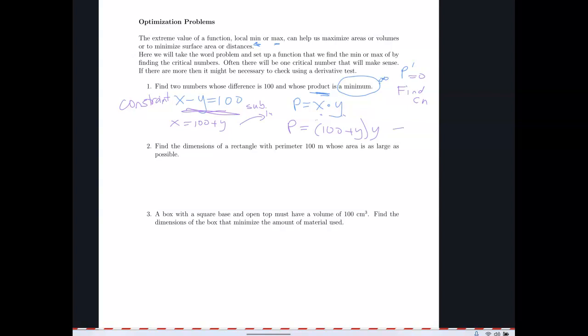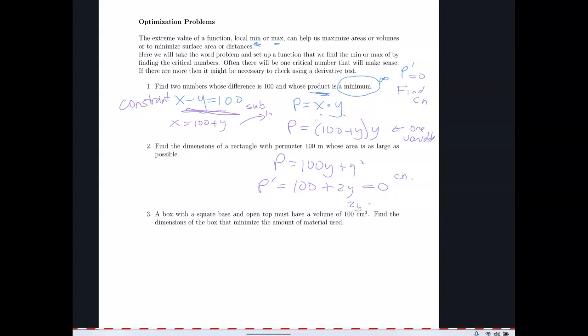Okay, now since this is in one variable, I am ready to take a derivative of it. But I would suggest first let's multiply it out. So I get 100y plus y squared. Now I'm ready to take the derivative. So the derivative would be 100 plus 2y, and I want to set that equal to 0 because that's how I find critical numbers, right?